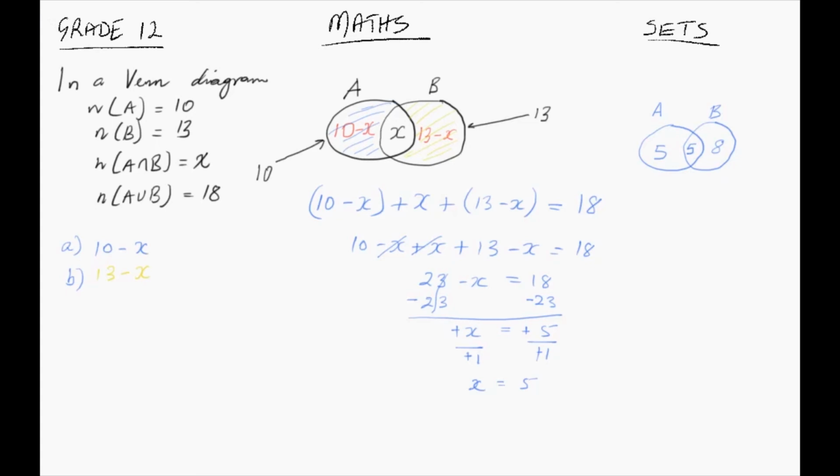Now let's go back to the type of questions that you might be asked after having discussed this. They would say add together the number of elements in the three parts of the diagram to obtain an equation: 10 minus x plus 13 minus x equals 18.